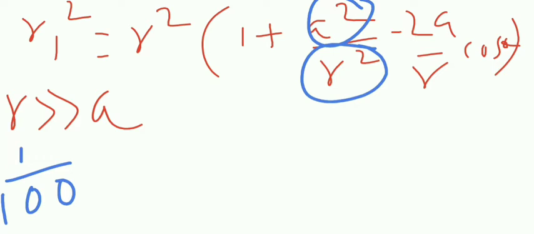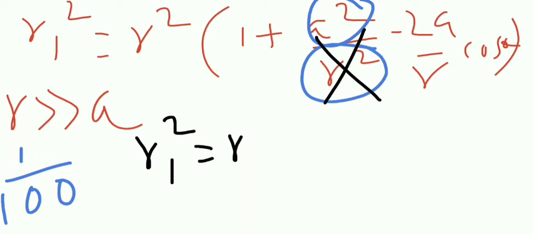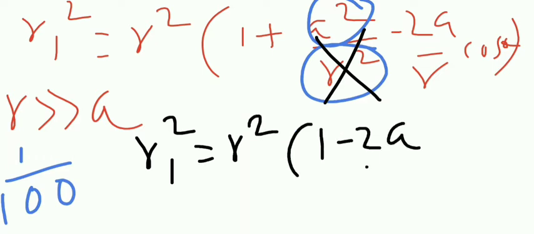The result will be very small, so we can neglect it. So this value can be neglected, right? So what will happen after that? R1 squared is equal to R squared times 1 minus 2A by R cos theta. Fine. So this is R1 squared.